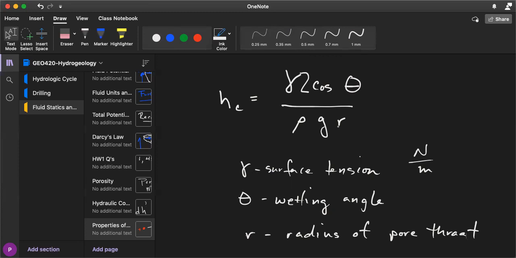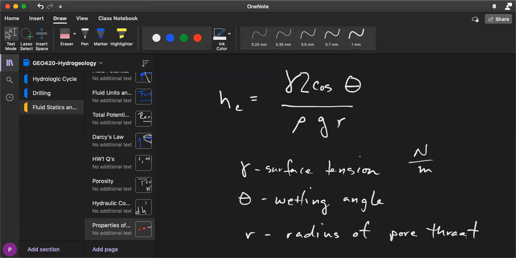All right, so when we think about water movement in the unsaturated zone above the water table, these two forces, one is capillarity, which tends to pull water up, becomes very important.